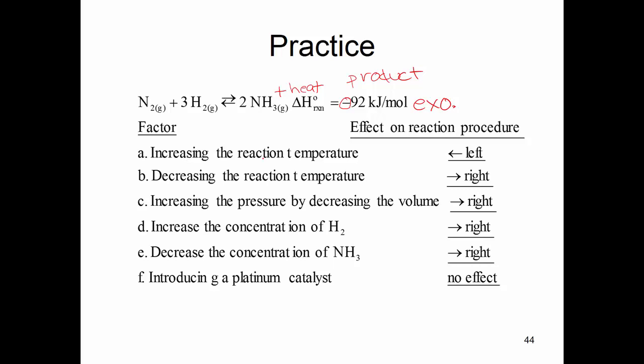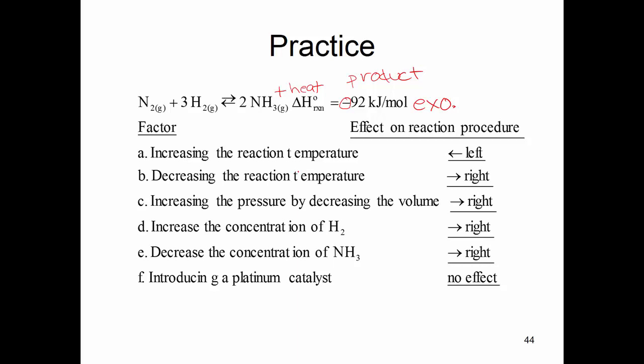So if I increase the temperature, that means I'm increasing the heat here as a product. And if I increase on the right, I shift to the other side. That's what Le Chatelier's principle says. It's like a balance here. If you increase on one side, you shift to the other, because that's how it's going to relieve stress.